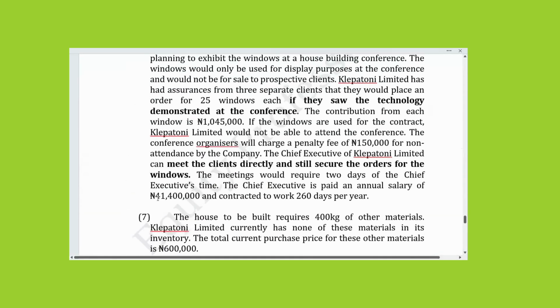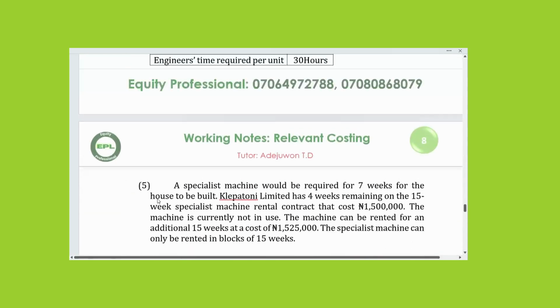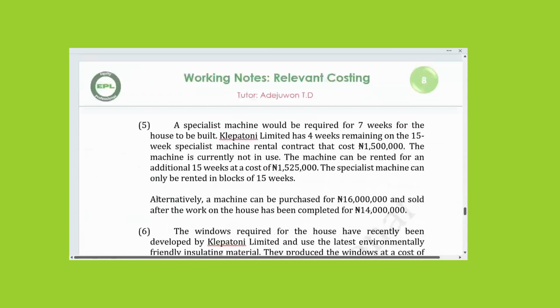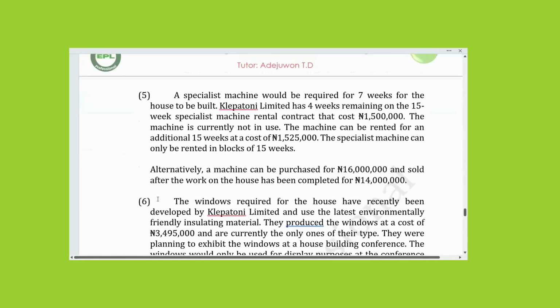Next, we go back to additional information about 5. You are told that a specialist machine will be required for 7 weeks for the house to be built. Clepatoni Limited has 4 weeks remaining on the 15-week specialist machine rental contract that cost 1.5 million naira. The machine is currently not in use.